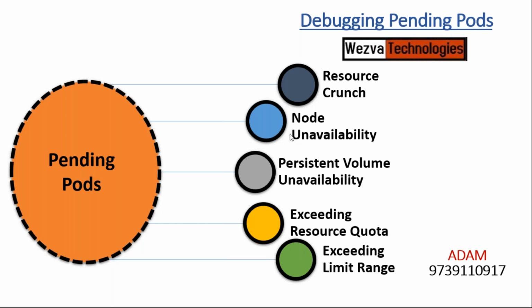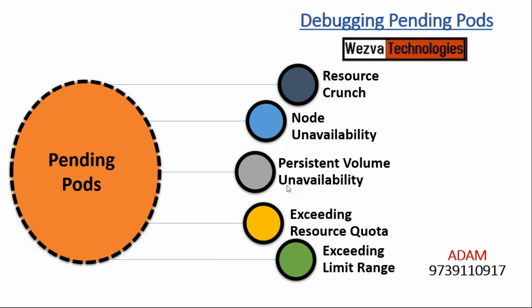And then the third one is whenever you are using a persistent volume for your pod, and if that persistent volume or the claim is not available, even then the pod will be in a pending state. And in the same way, when you try to create your pod, the namespace in which the pod is going to run may have a resource quota set.